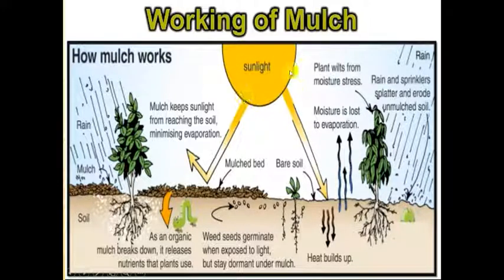Let's see the temperature amelioration power of the soil with having a kind of mulch. When solar radiation reaches the ground, when there is a soil mulch, part of this solar radiation is reflected back and part is absorbed to the soil.